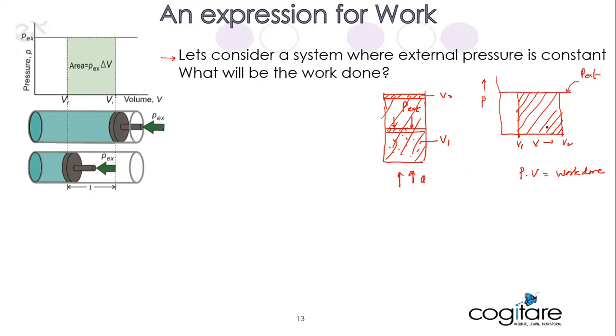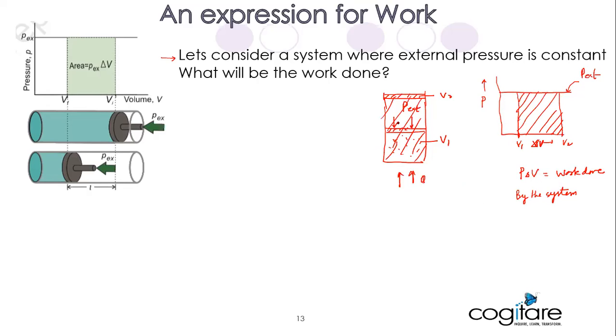So yes, area under the PV graph, or rather here this is not V, this you can say is delta V, that is change in volume. So P into delta V is going to be the work done by the system on the surrounding, because we are talking about an expansion process. Can you guys confirm that you understood this so far? Yes, sir.